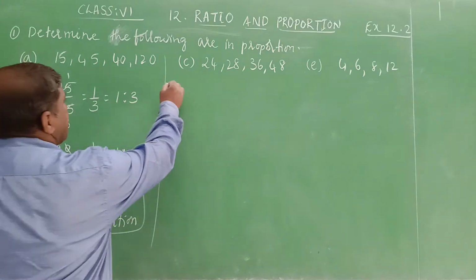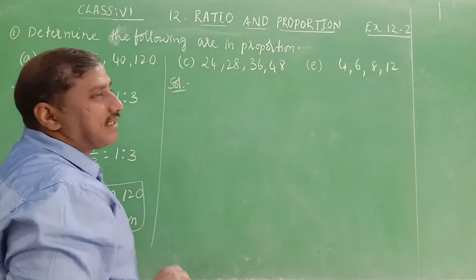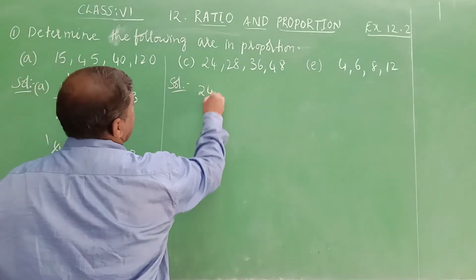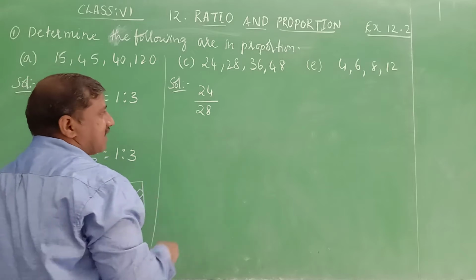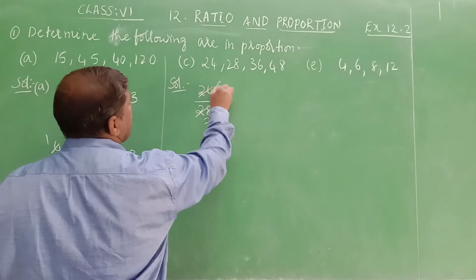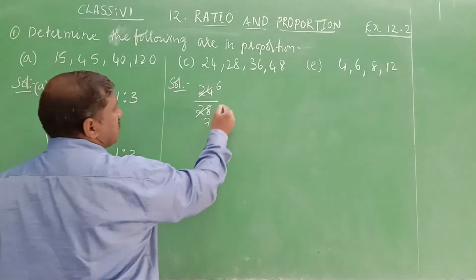Next, see it. Here, 24, 28, 36 and 48. The first term is 24. Second term is 28. Find the ratio. 4 sixes are 24, 4 sevens are 28.